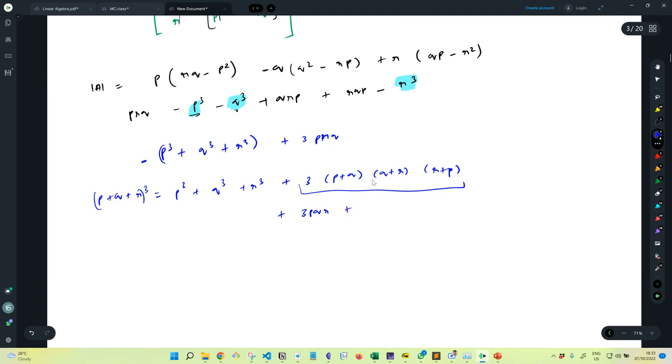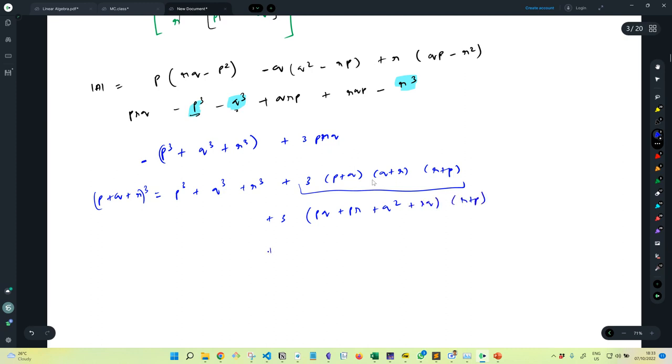Or let me expand these two brackets first. So this will be equal to plus 3 times (pq plus pr plus q square plus qr) into (r plus p).